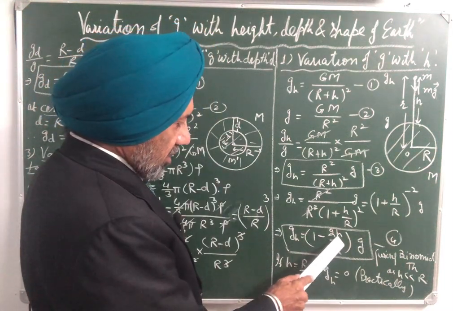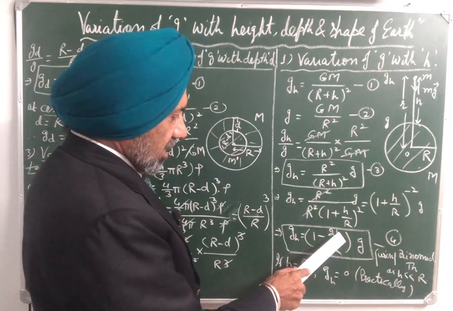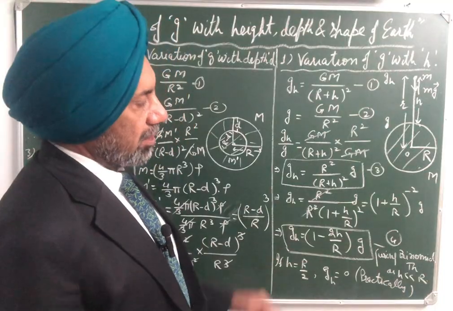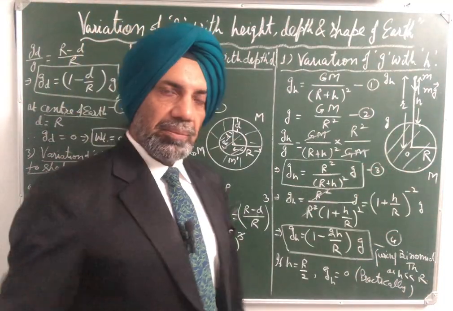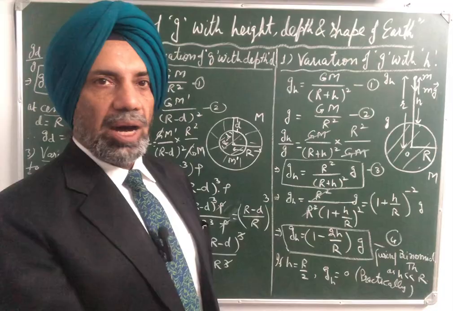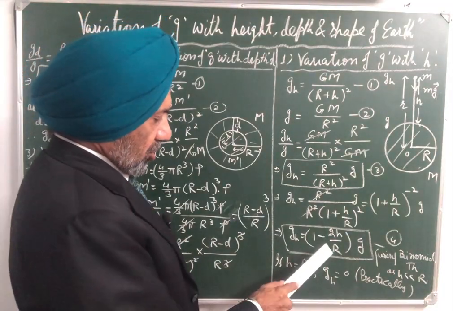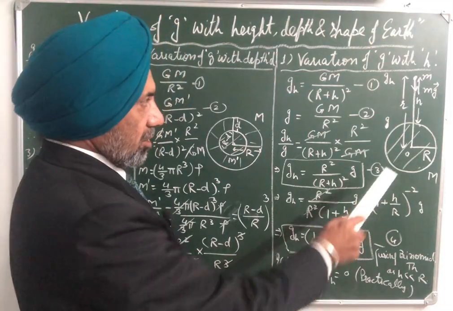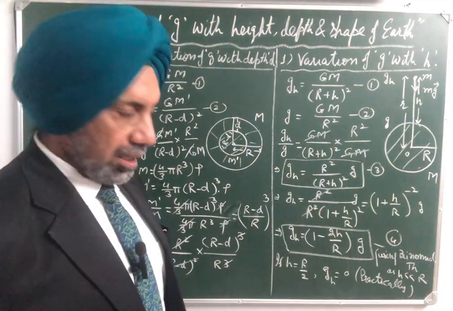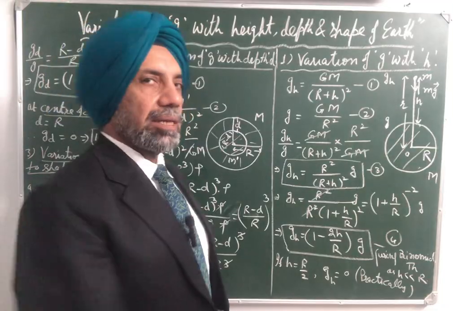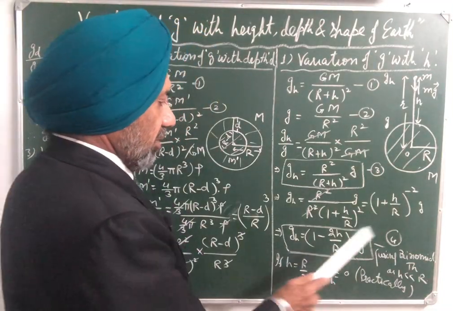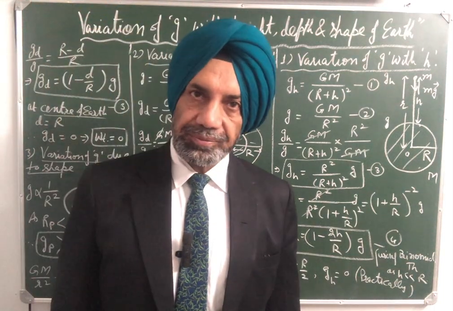It is clear from this equation that as h increases, g decreases. So at the surface of earth, the value of g is maximum and it decreases as we move up. If h is equal to R by 2, that is, if height is equal to half the radius of earth, gh becomes practically 0. But theoretically, g will be 0 at infinity.